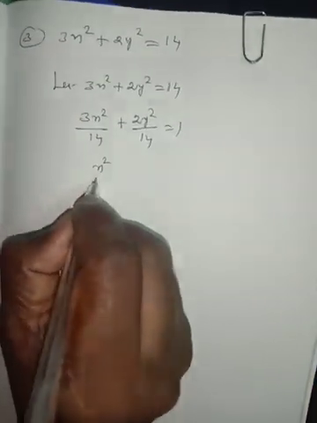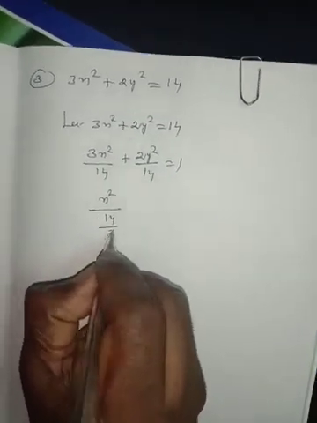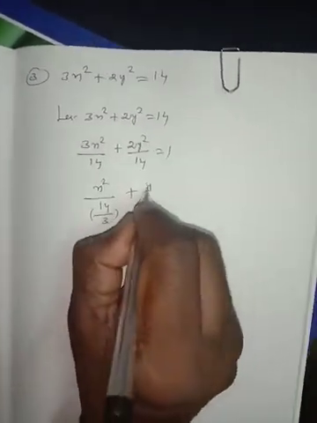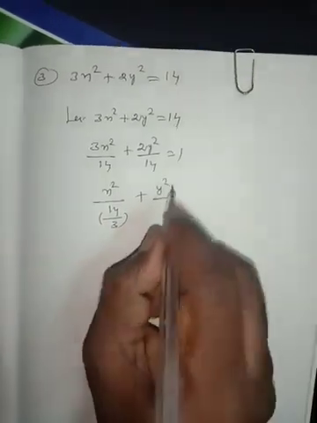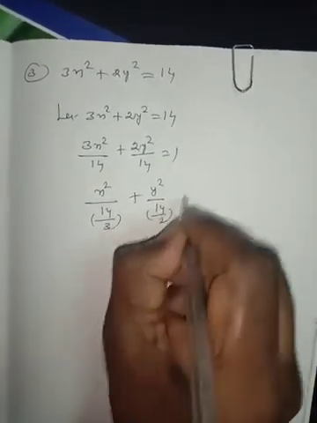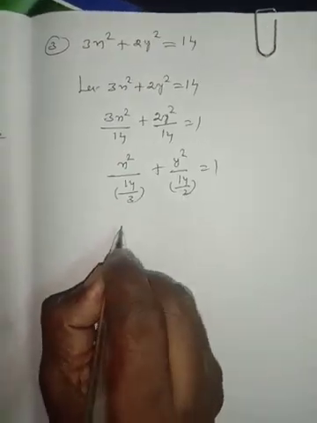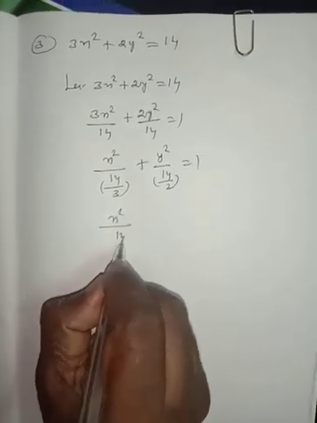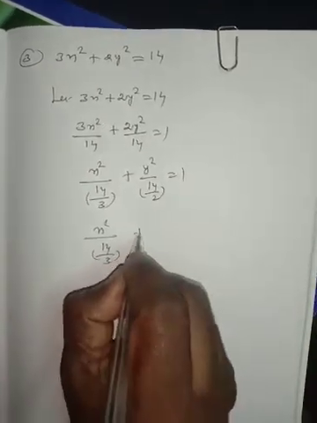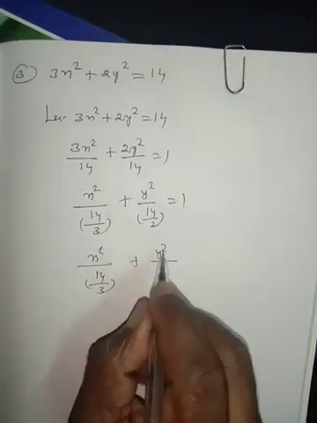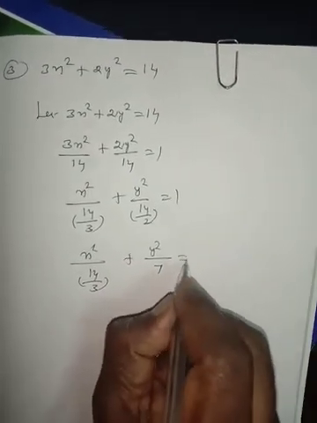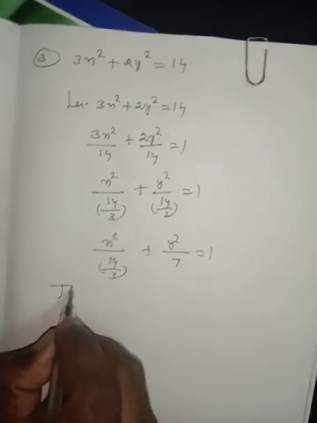Now this can be written as x square by 14 by 3 plus y square by 14 by 2, which is x square divided by 14 by 3 plus y square divided by 7 is equal to 1.